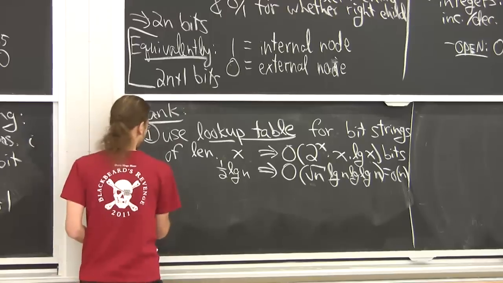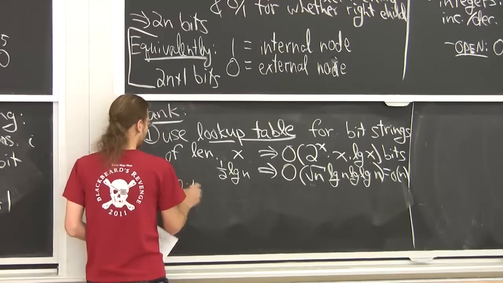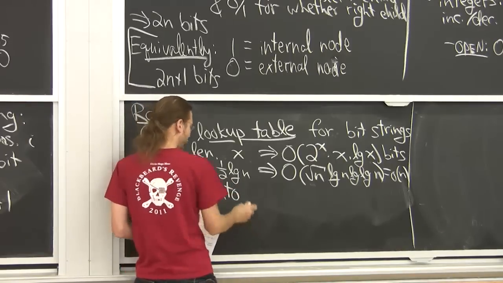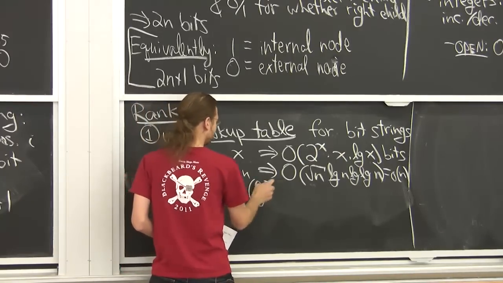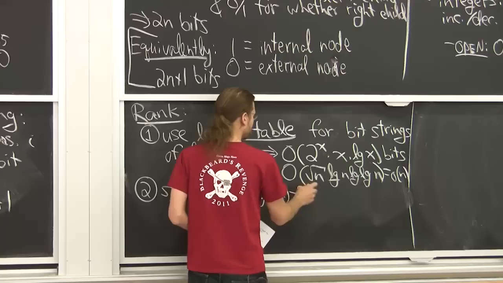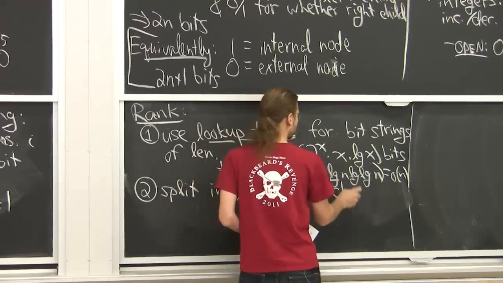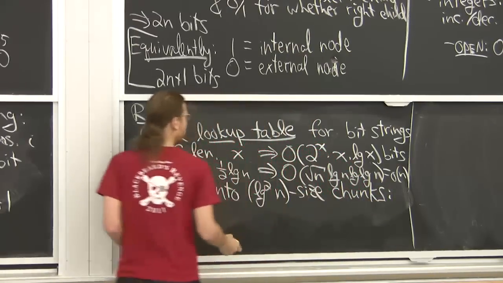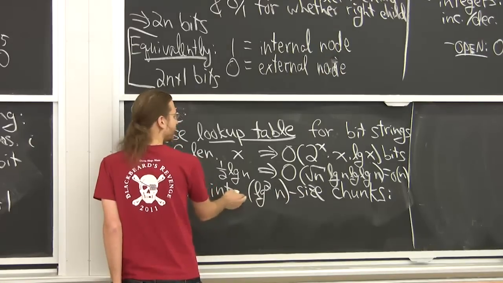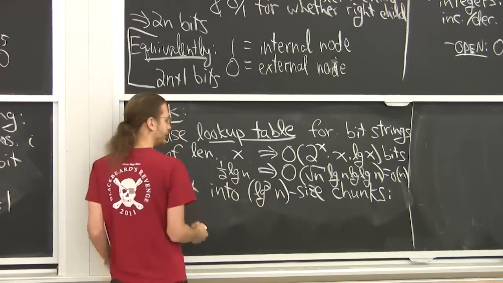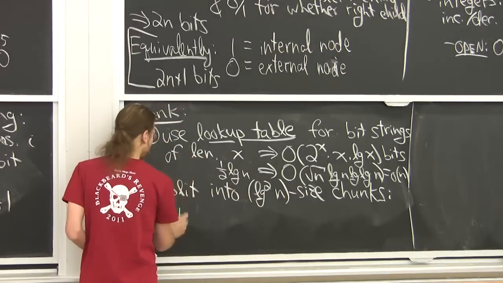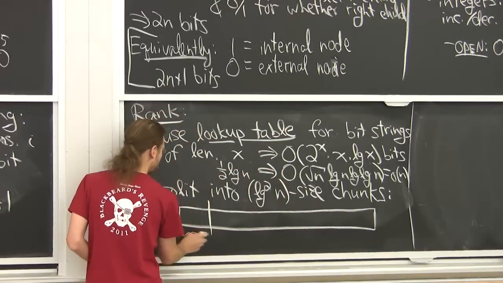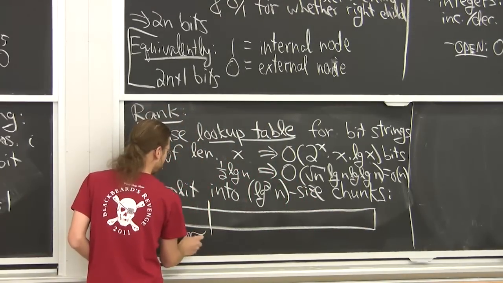The first level of indirection is going to reduce things down to size log squared. So we're going to take our n-bit string, divide into chunks of size log squared n. So there's n over log squared n chunks. They look something like this. Log squared n.